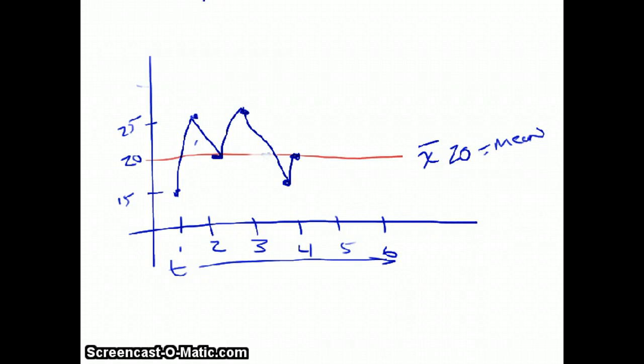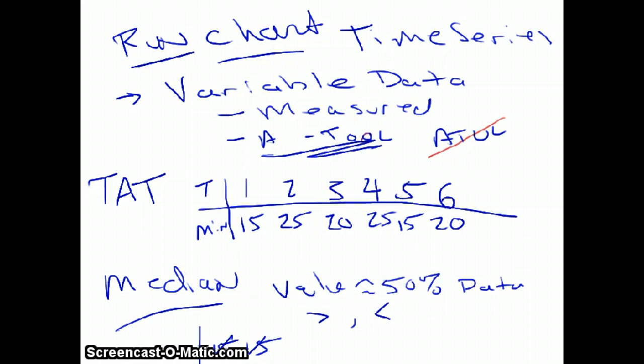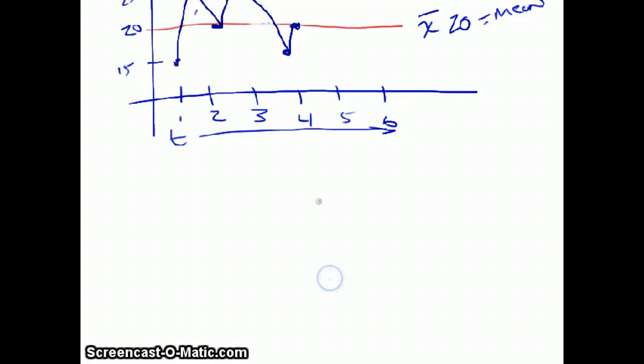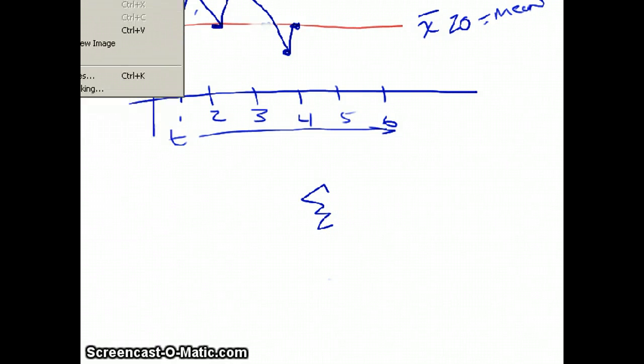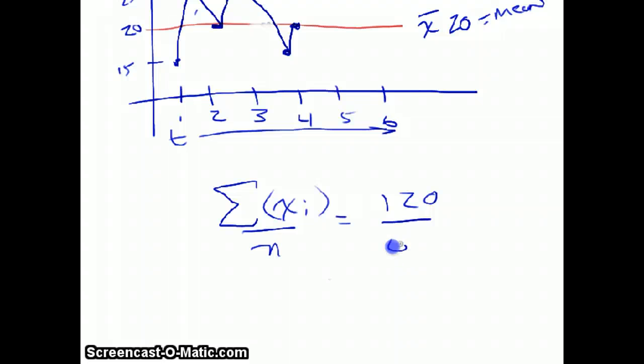It just so happens that for these data, the mean of 15, 25, 20, 25, 15, and 20, if we want to calculate a mean, remember it's the sum of all the values over the number of values, which in this case is 120 over 6, which is equal to 20, so that's the mean.